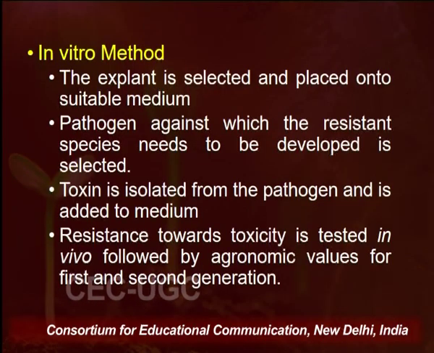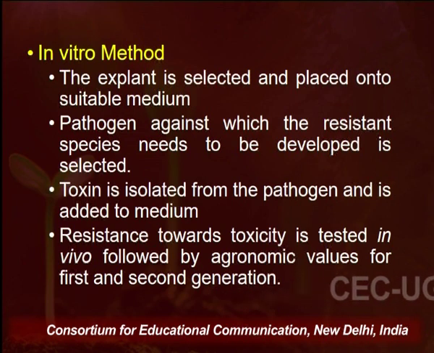Now the pathogen against which you want resistance, for which you are performing this tissue culture experiment, is selected, and from that particular pathogen species, toxins are isolated, and those toxins are then added to the media, and using that media the explant material is grown. So the resistance towards toxicity is tested in vivo, followed by the agronomic values for the first and the second generation.